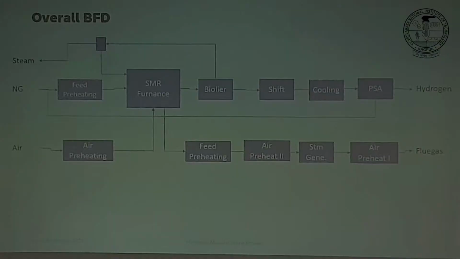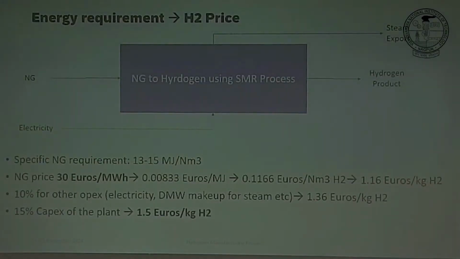Once again, for the sake of simplicity, I put the specific natural gas requirement somewhere around 13 to 15 megajoule per normal cubic meter for the hydrogen. If you consider a natural gas price of around 30 euro per megawatt hour, with simple maths that ends up at 1.16 euros per kg of hydrogen.